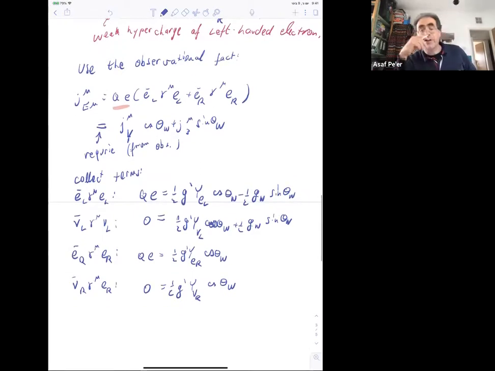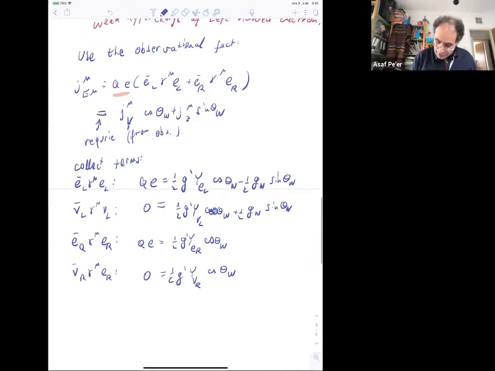So now we have the relation between the coupling E and the couplings of the weak interactions, G weak and G prime, the coupling of the hypercharge. So basically, the unknowns are G weak, G prime, and the Y's, the Y E L and Y E R. The Y neutrinos, we don't need them.